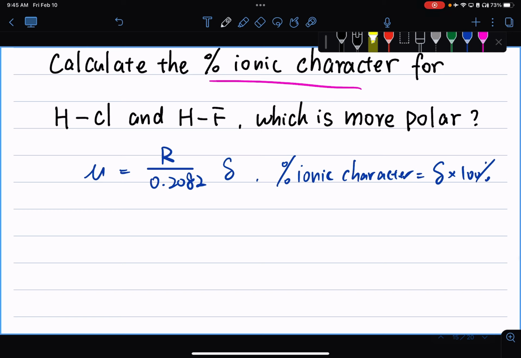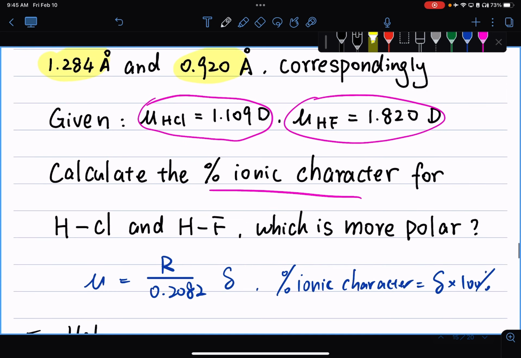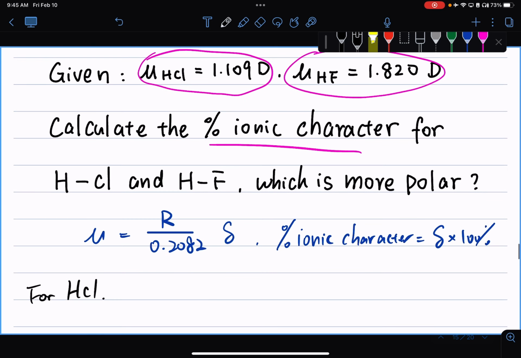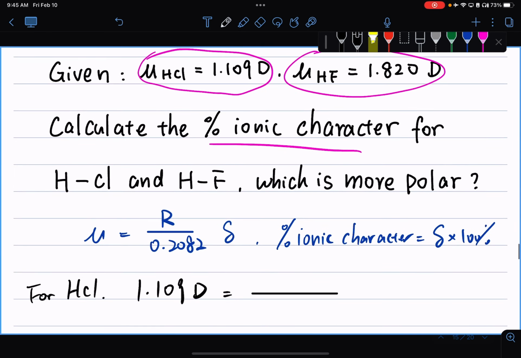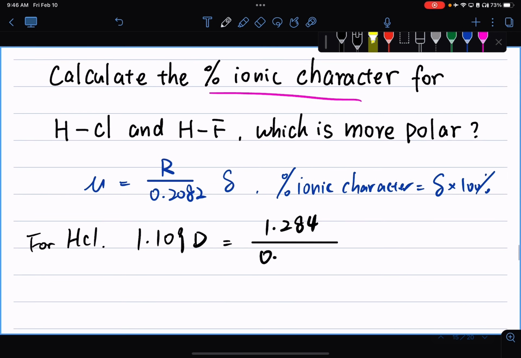So for HCl, we can read the HCl dipole moment is 1.109. So 1.109 divided by bond length, which is 1.284, over 0.2082, equals the partial charge.